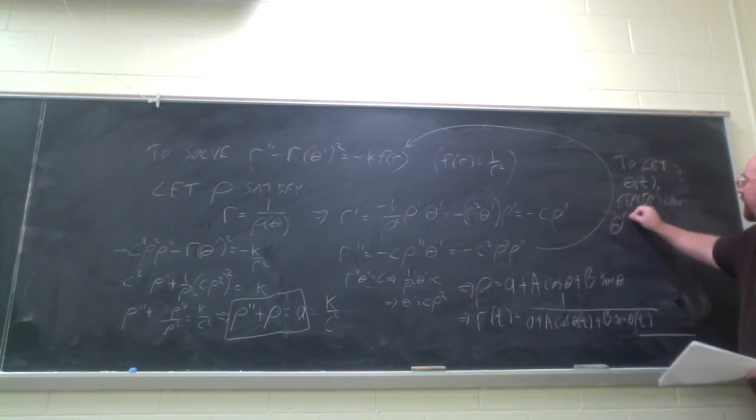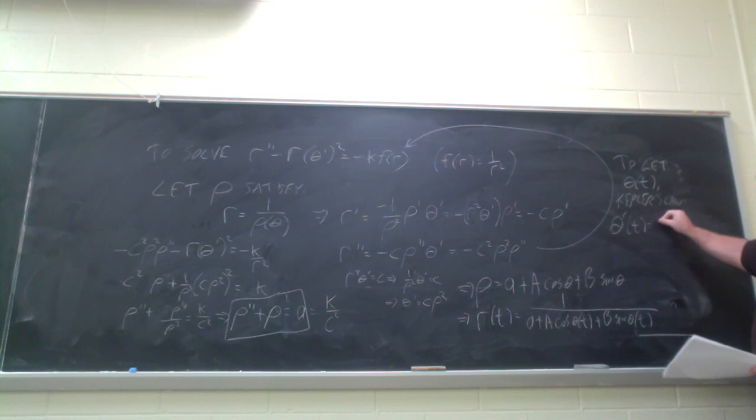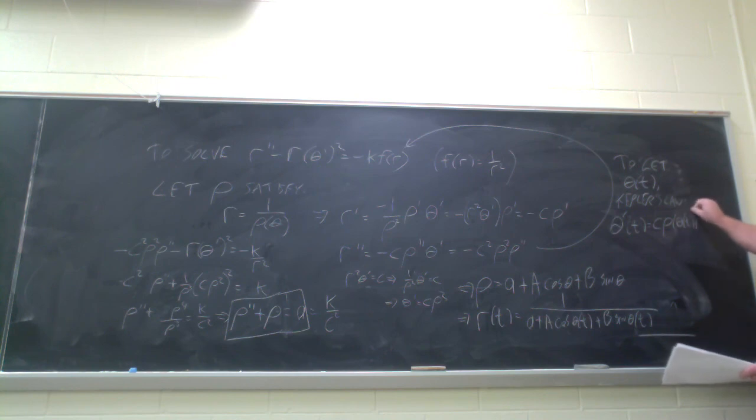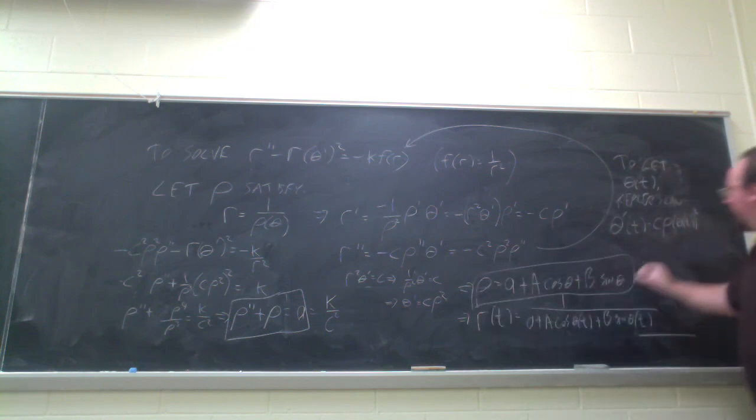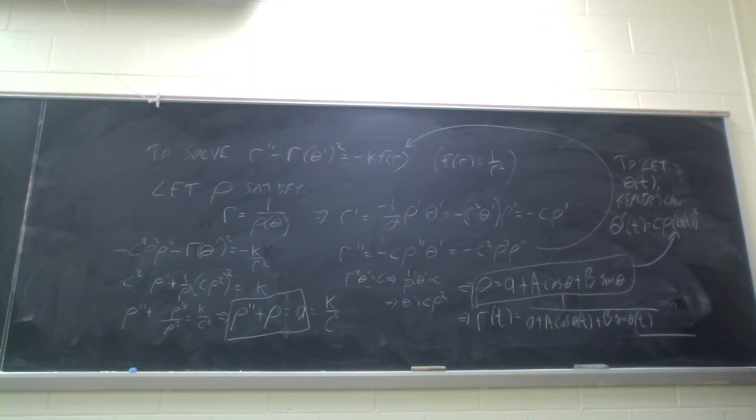Theta prime is equal to c rho of theta of t squared. So, but the thing is, now we know what rho of theta of t is. You can take this and substitute it in there. So now theta prime is equal to that.